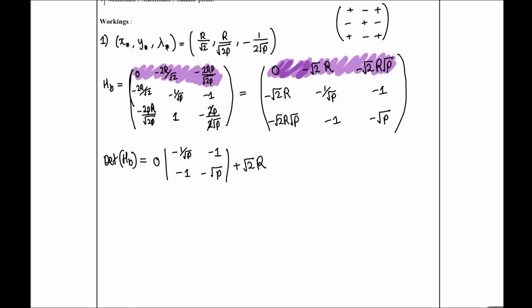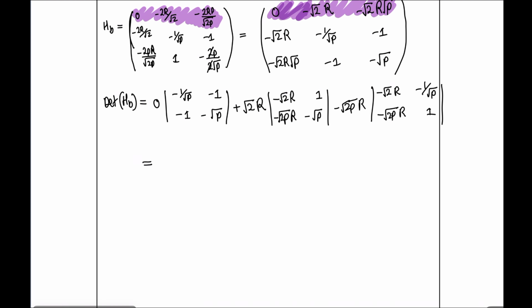So positive root 2r and the determinant of the matrix of minor, which is minus root 2r, 1, minus root 2pr, minus root p. And then minus root 2pr. So I'm just connecting up the root 2 and the root p. And then the matrix of minor would be minus root 2r, minus 1 over root p, minus root 2pr and 1.